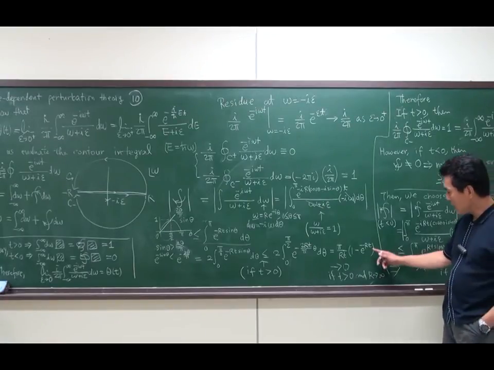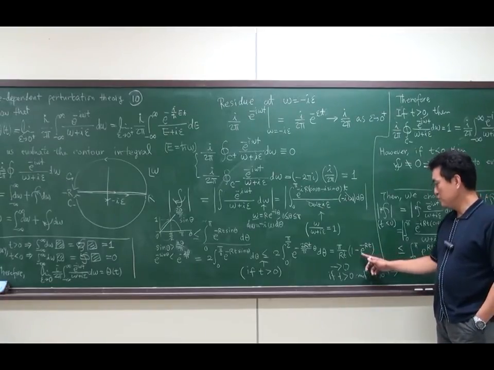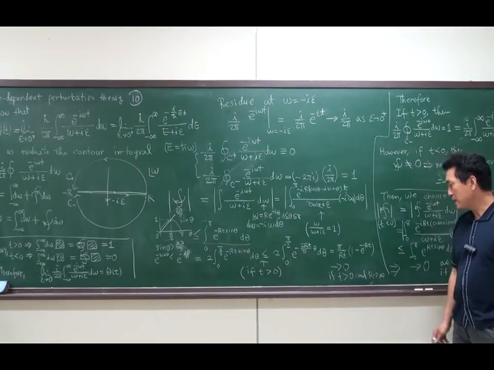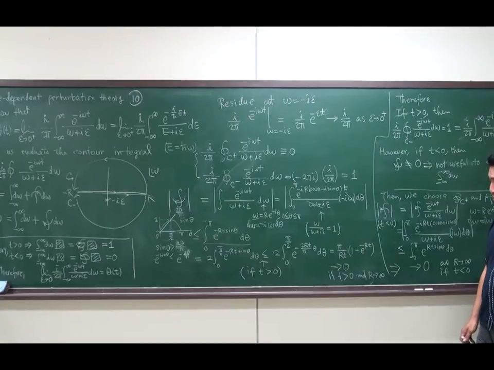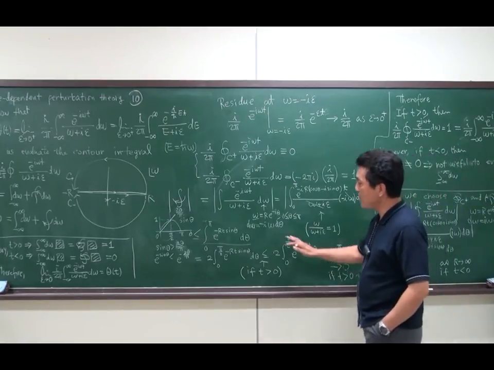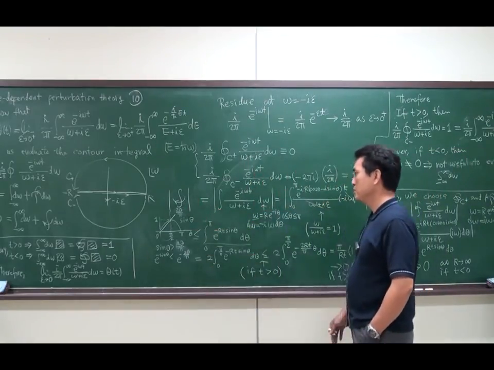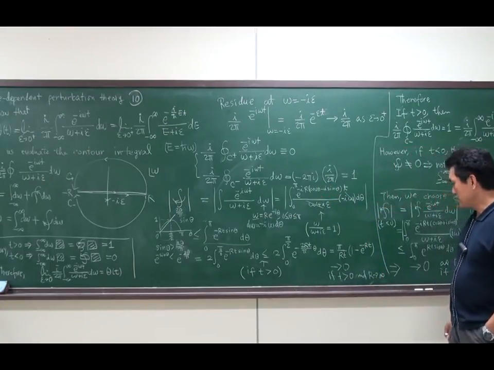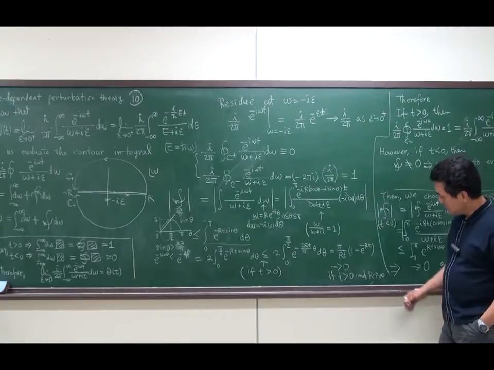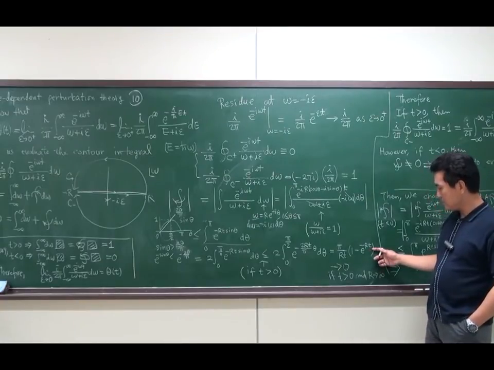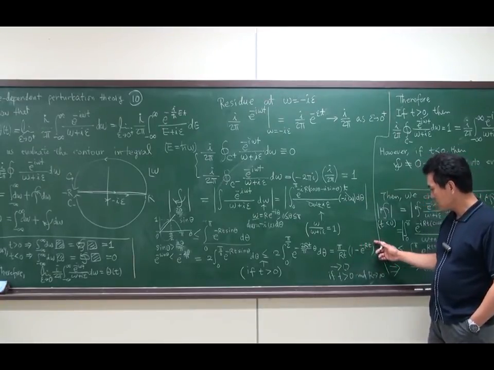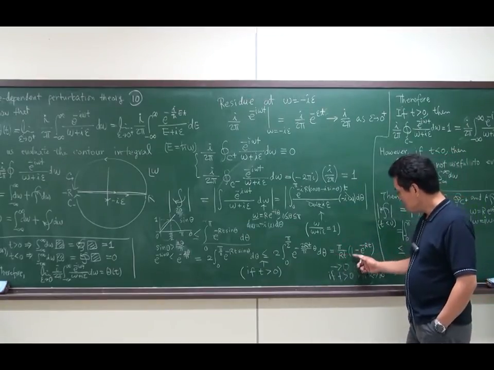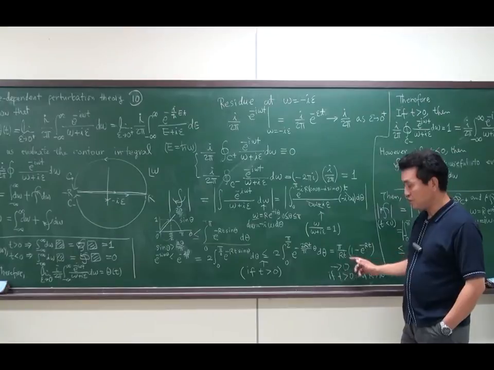If t is negative, this exponential becomes very big, so it goes to minus infinity. So we cannot control the size of this integral. We do not know the value of that integral. But if t is positive, this overall factor is just approaching 1, and this value approaches 0.